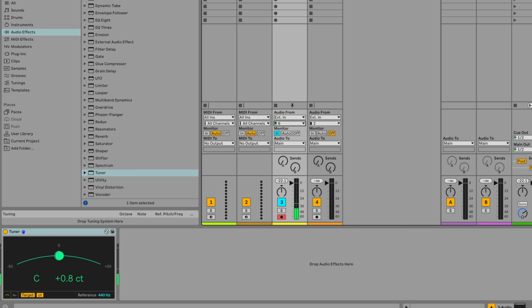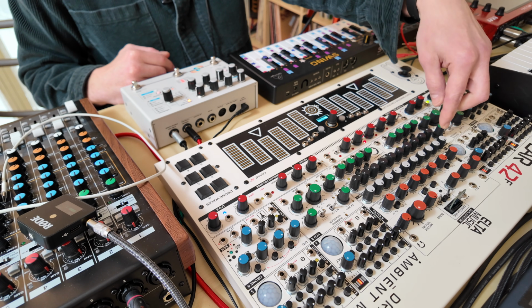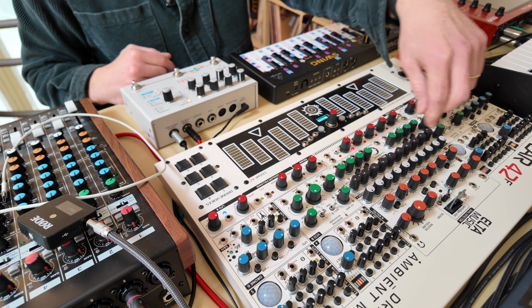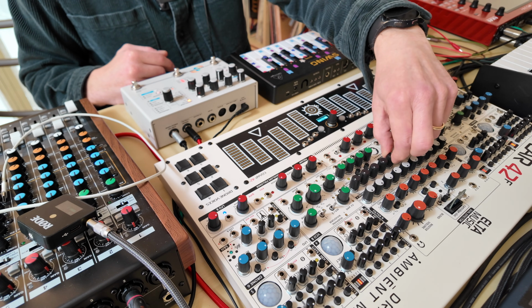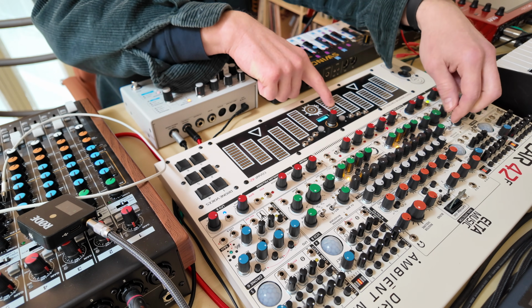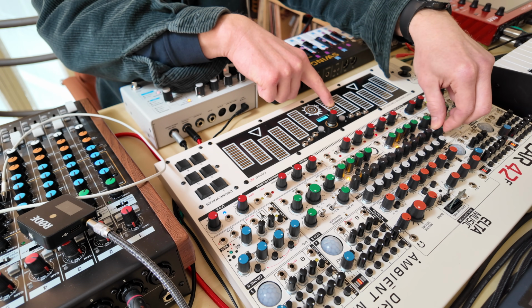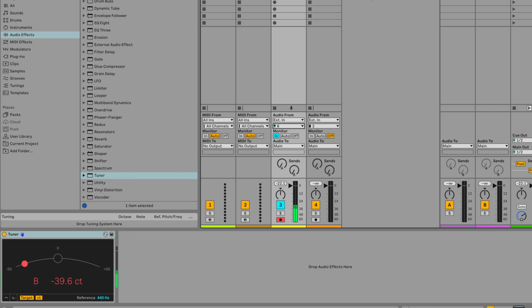When I tune, what I need to be careful of is that I'm only listening to the one oscillator that I want to tune. So I'm going to turn down the volume on oscillator 2, and I can tune the oscillator.